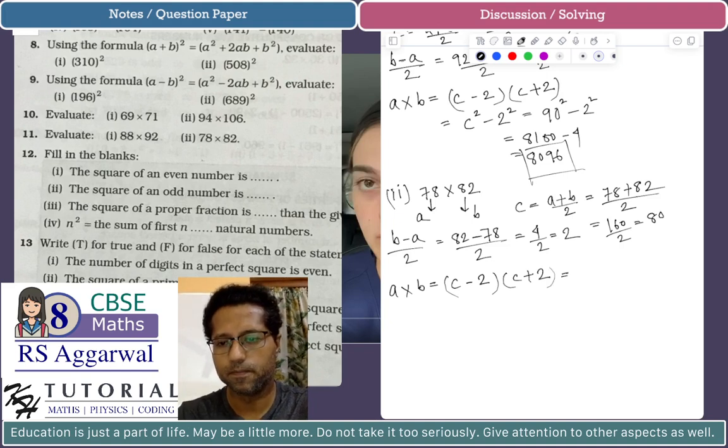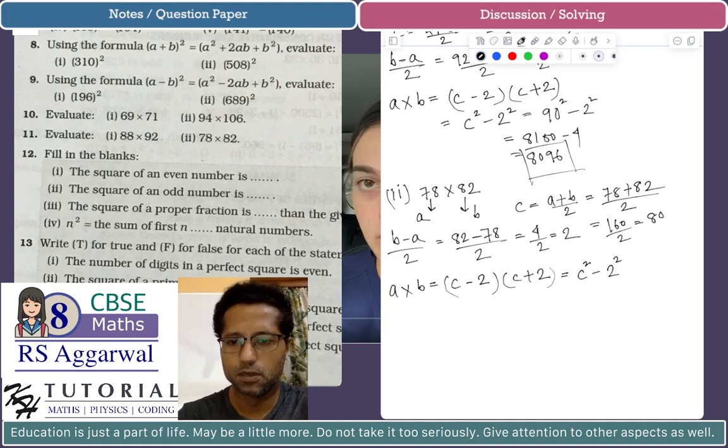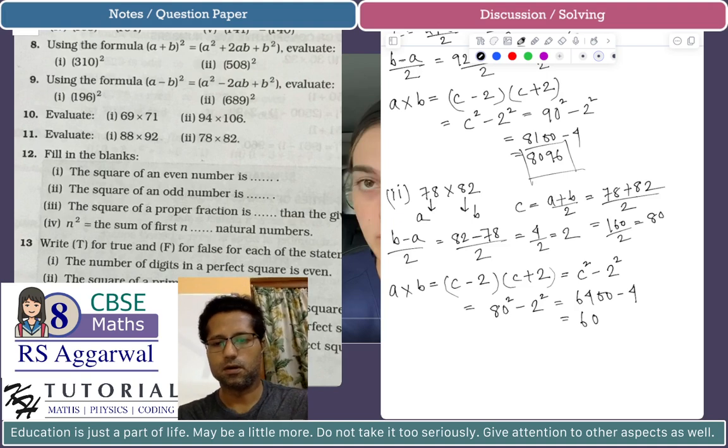That is equal to C square minus 2 square, and (B minus A) by 2 was 2. C is 80. So 80 square minus 2 square. This is equal to 6400 minus 4. So this is equal to 6396. Okay.